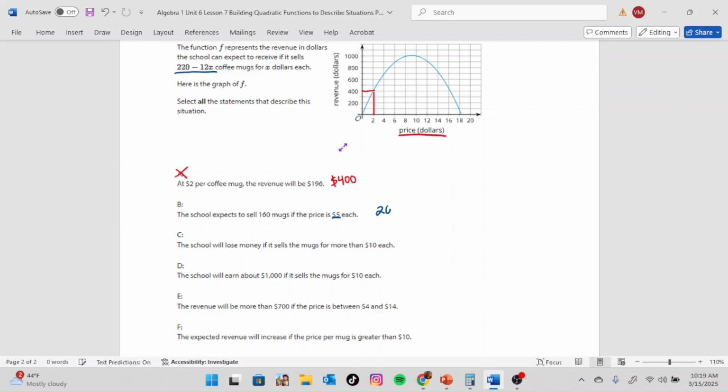So we have 220 minus 12 times 5. This becomes 220 minus 12 times 5 is 60. And 220 minus 60 is 160 mugs. That is what it says, so B is correct.